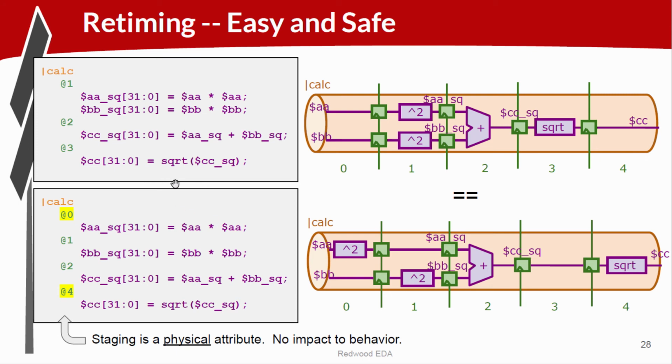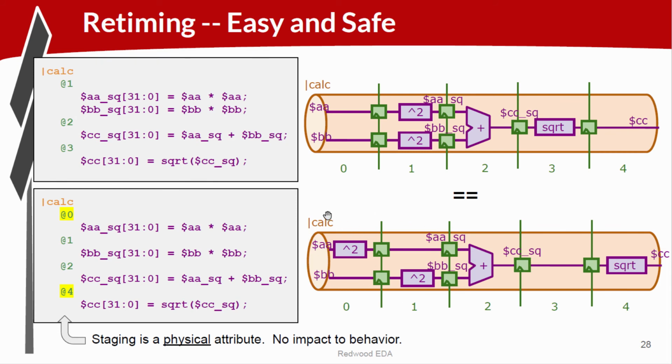In this example, we're starting out with our original pipeline, and the pipelines are conceptually infinite in both directions. We've got our logic spread across 3 stages, and if we now need to spread that logic over more stages, we can do that.